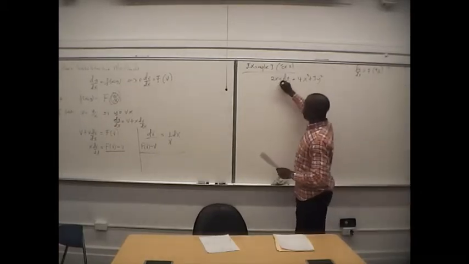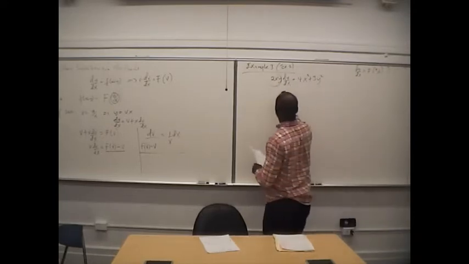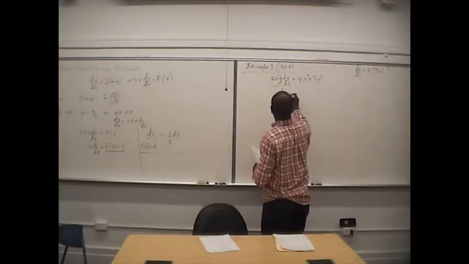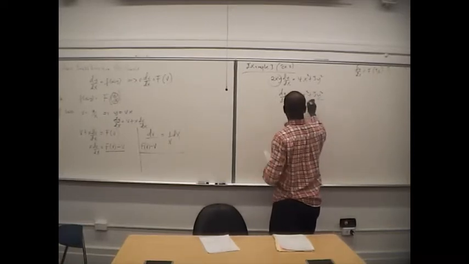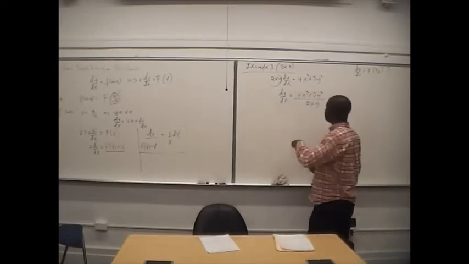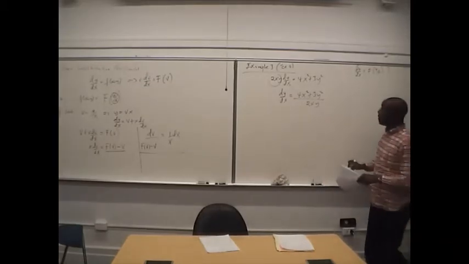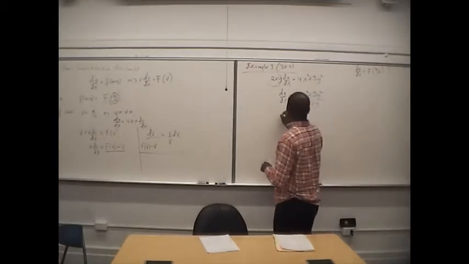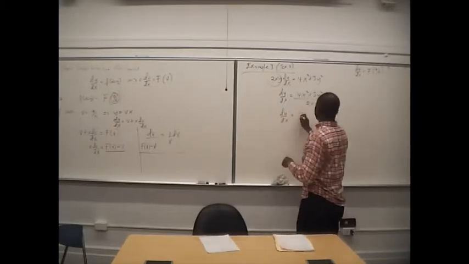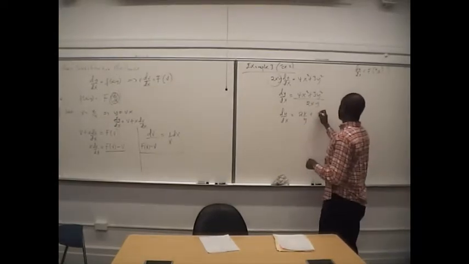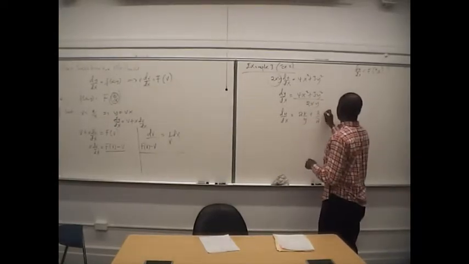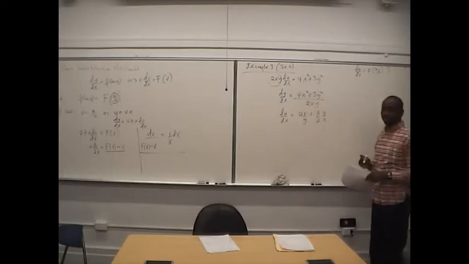If we divide through by this coefficient here, dy dx is 4x squared plus 3y squared over 2xy. So that simplifies to 2x over y plus 3 over 2 y over x.